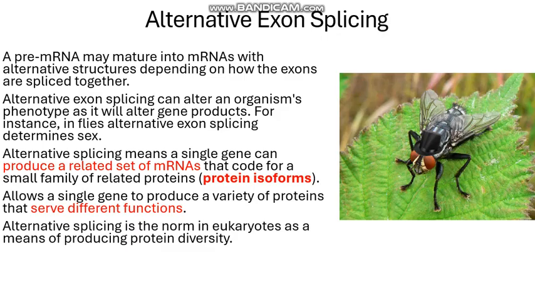If you've done any immunology, you'll know it's the same terminology for immunoglobulin molecules, which have various different isoforms like immunoglobulin G, immunoglobulin M, etc. So it basically allows a single gene to produce a variety of different proteins that can serve different functions. And this is the norm for creating protein diversity in eukaryotes.